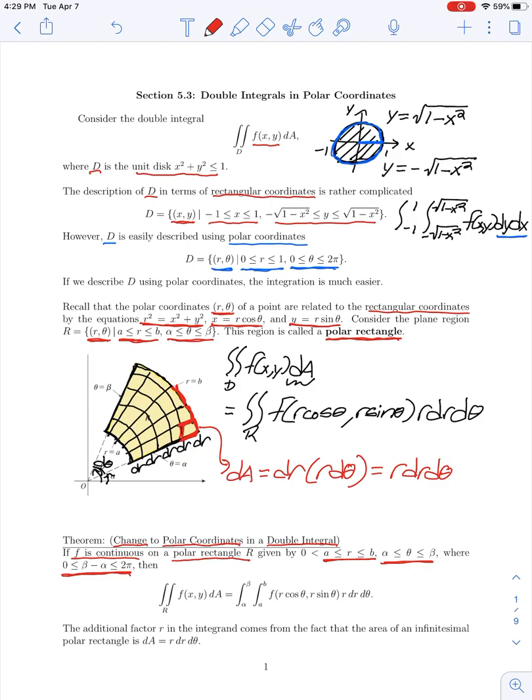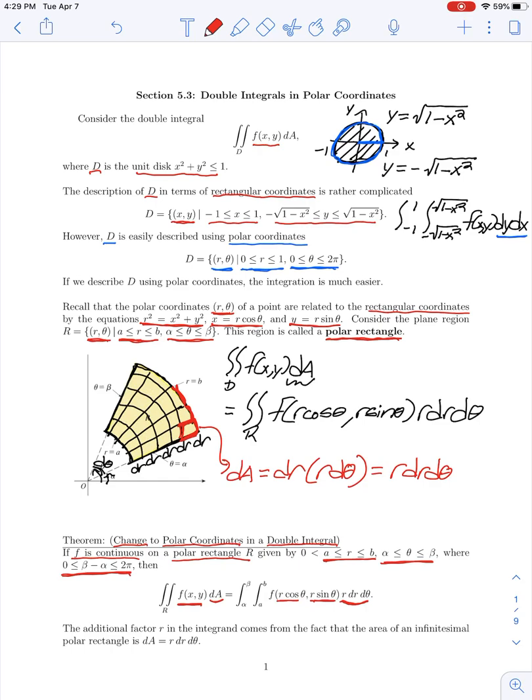Then the double integral of our function f of x, y over that polar rectangle R is given by the iterated integral, where we take x and y for our function and we replace them by r cosine theta and r sine theta. And then our differential of area is replaced by r dr d theta.